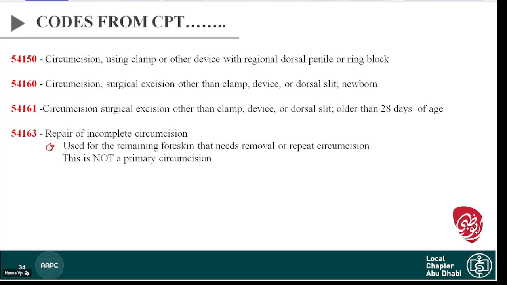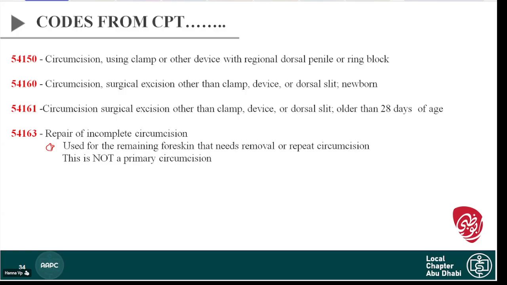So if the patient is coming for the second time, we can consider it as incomplete circumcision repair only. You should use this code only for the second visit after the first attempt. So guys, these are the main important codes under circumcision.